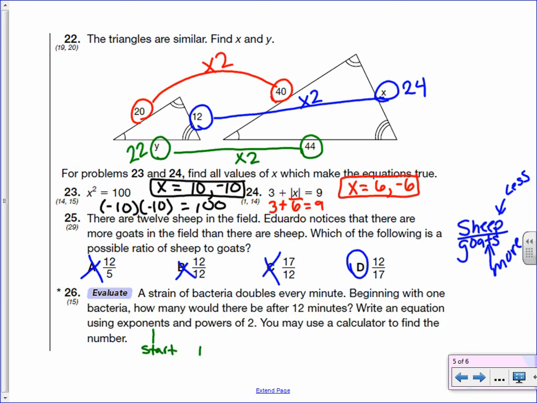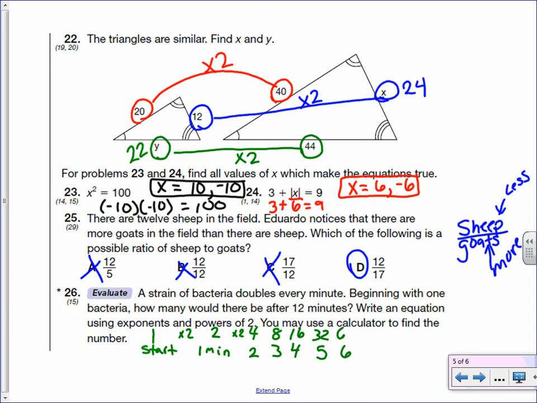Then after 1 minute, you would have 1 times 2 is 2 bacterias. After 2 minutes, you would have 2 times 2 is 4. And then 3, you'd have 8. 4, you'd have 16. 5, you'd have 32.